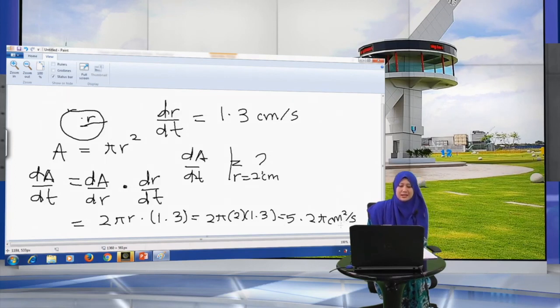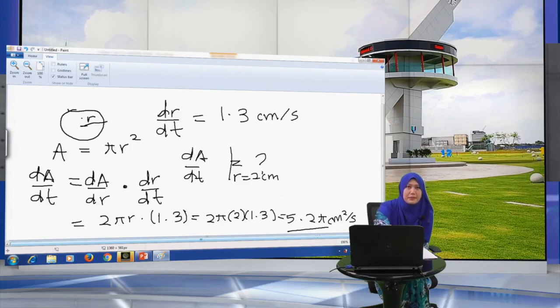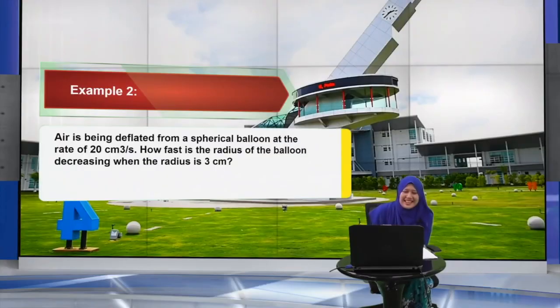So the answer is 5.2 pi centimeter squared per second. The area of the circle is increasing at this rate. Okay, that's for example 1. Okay. Example 2.